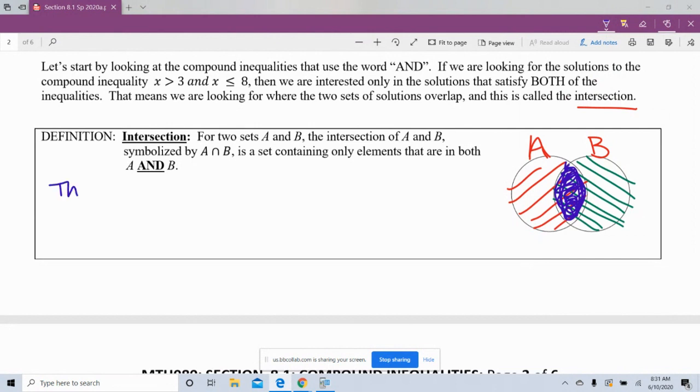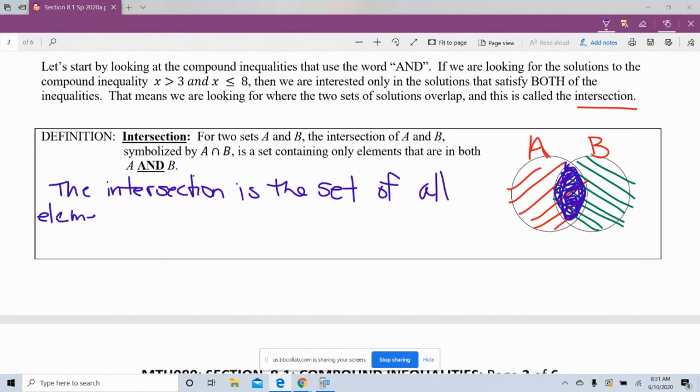So the intersection is the set of all elements, and by elements, most of the time I'm talking about numbers in this class, right?